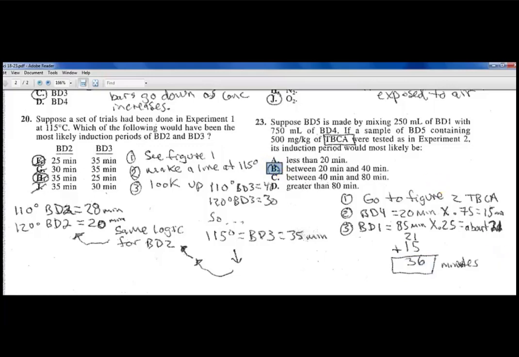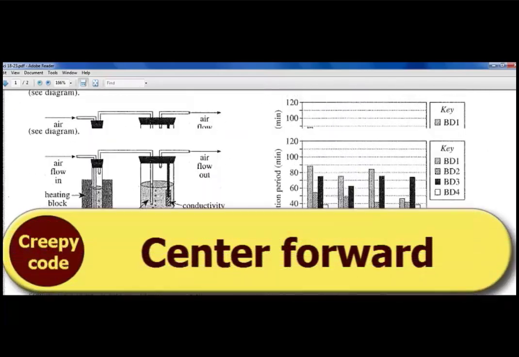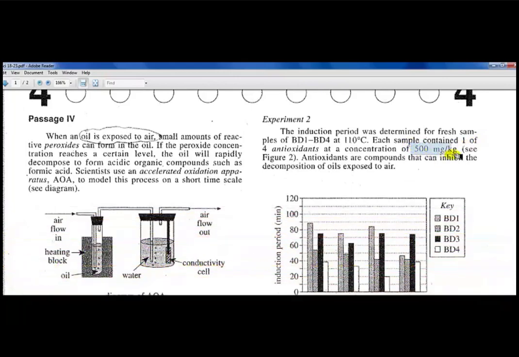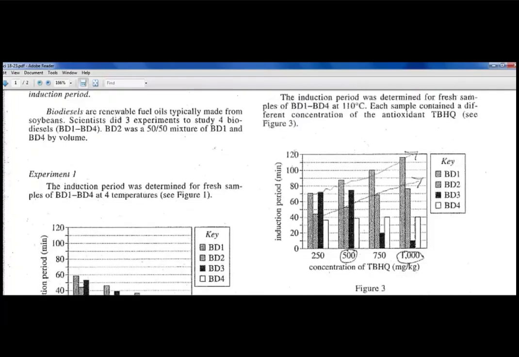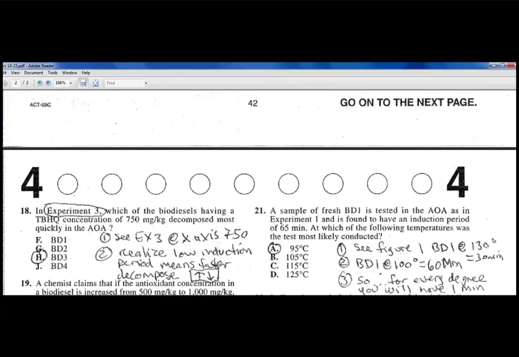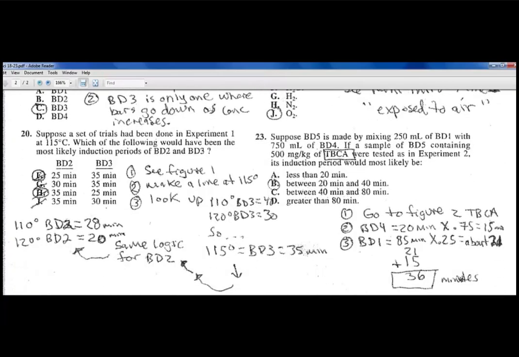Now remember, don't get confused with this, because up here in experiment 2 it says that we're dealing with 500 milligrams per kilogram. We just calculated one full load percentage-wise. Don't get confused with that. The percentages 0.75 and 0.25 will give you the full amount, which is one full load.